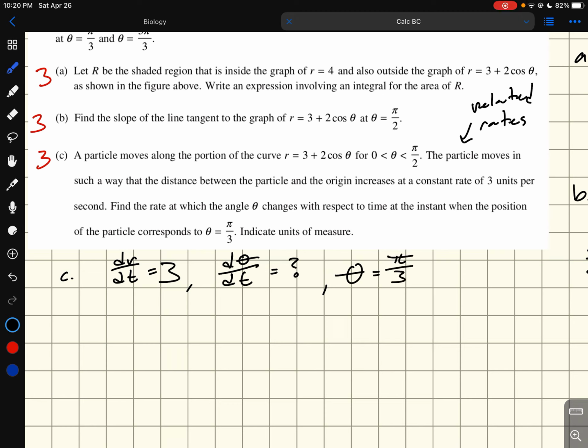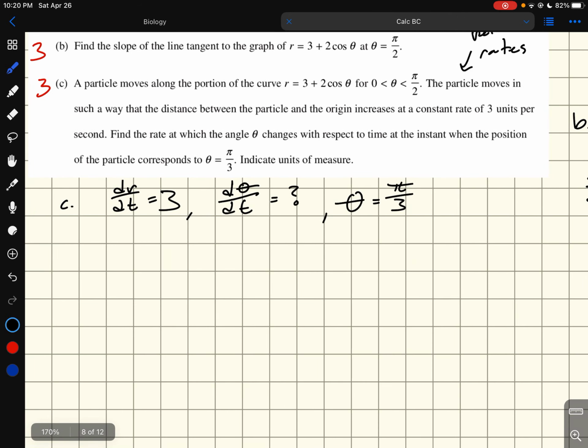This question can be kind of confusing, so we're going to go through it very slowly. We want to get to d theta dt, but we only have dr dt right now, and r. So we want to somehow connect dr dt to d theta dt.